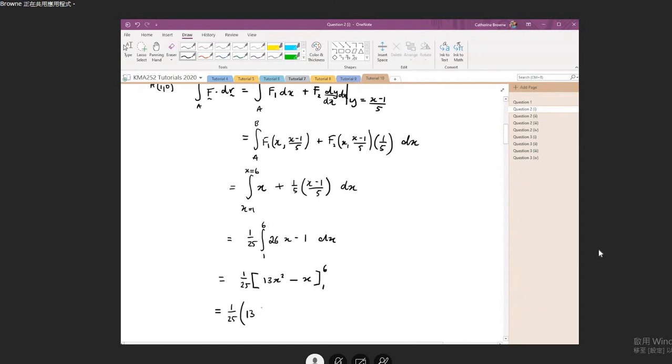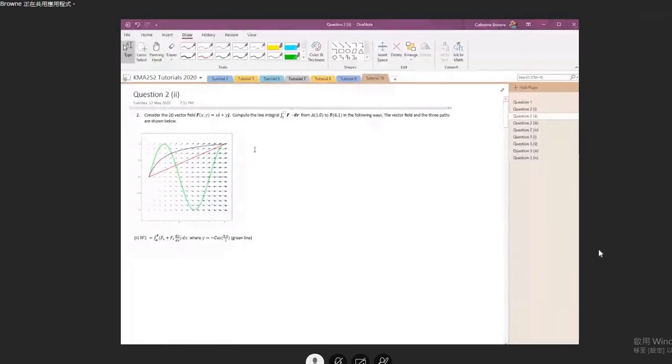So we get 13 by 36 minus 13, minus 6 minus 1, which gets me to 18. Did anyone have any questions about that? I'm going to move on to question 2, because I'm worried we're not going to finish.